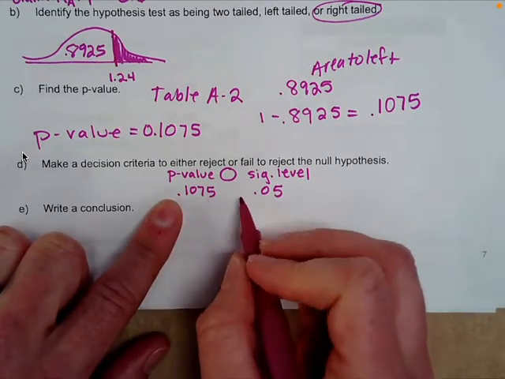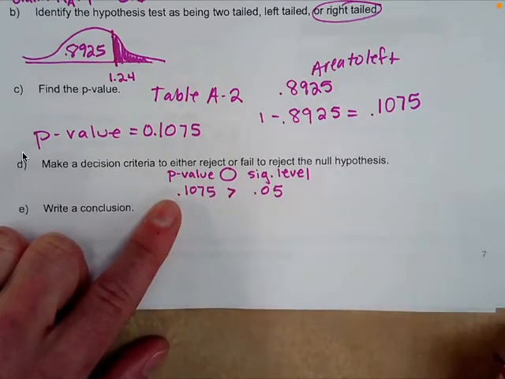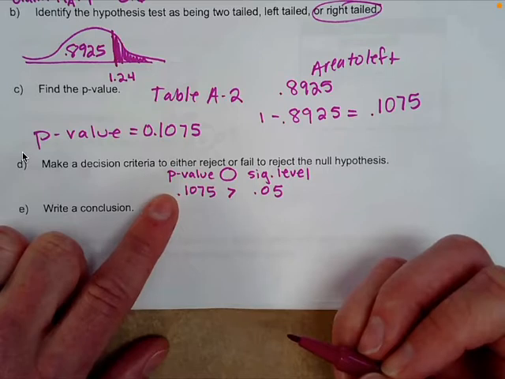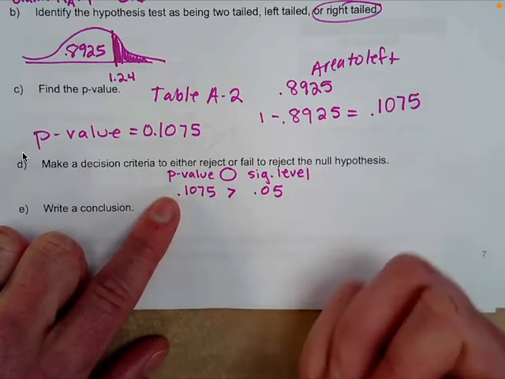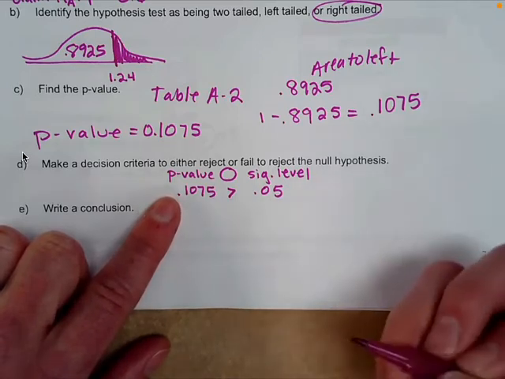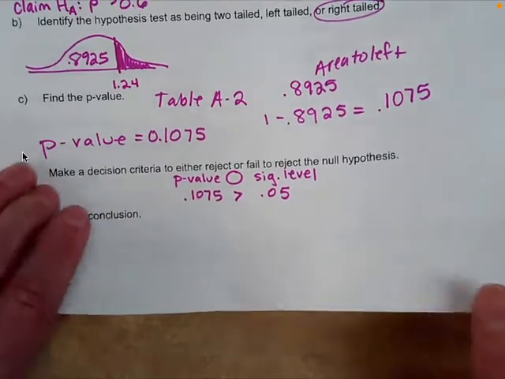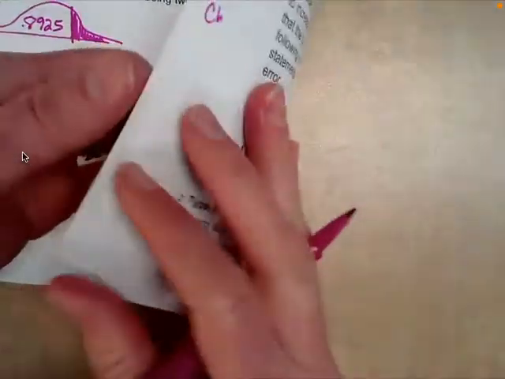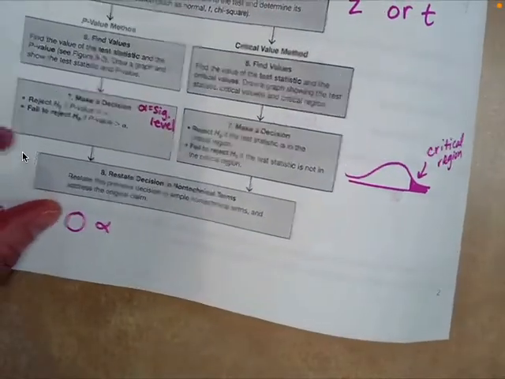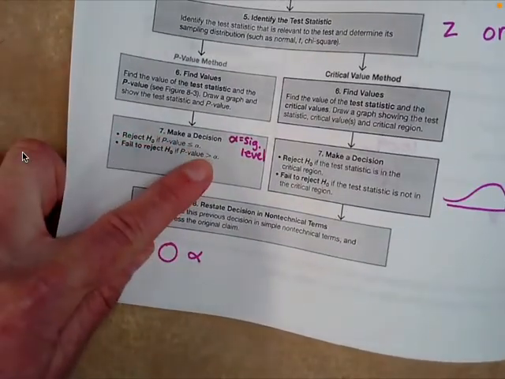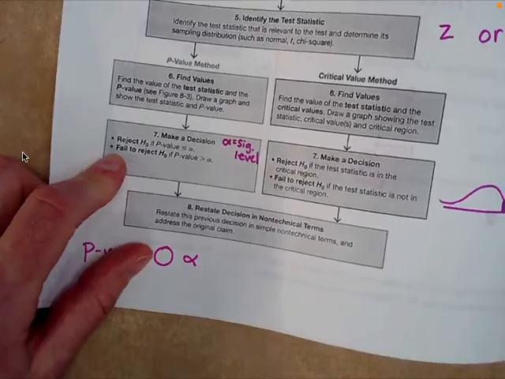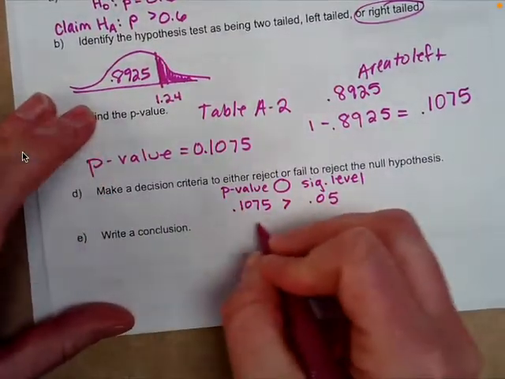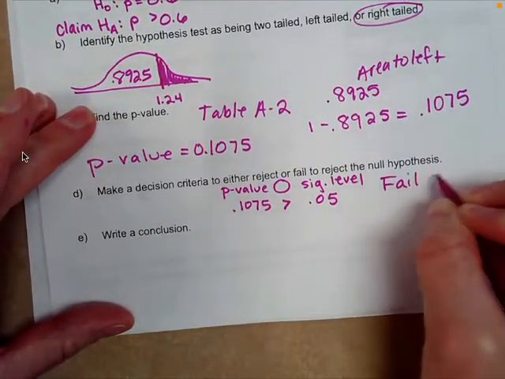The p-value is greater. Whenever the p-value is low, null must go. P-value is high, then the null will fly. And you can always look back at the chart here. Since it's greater than, we're going to fail to reject.